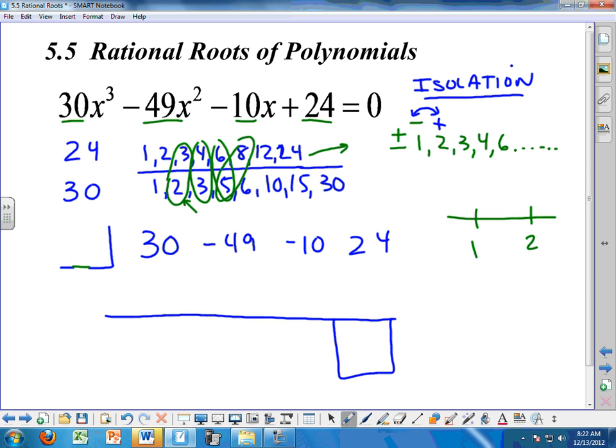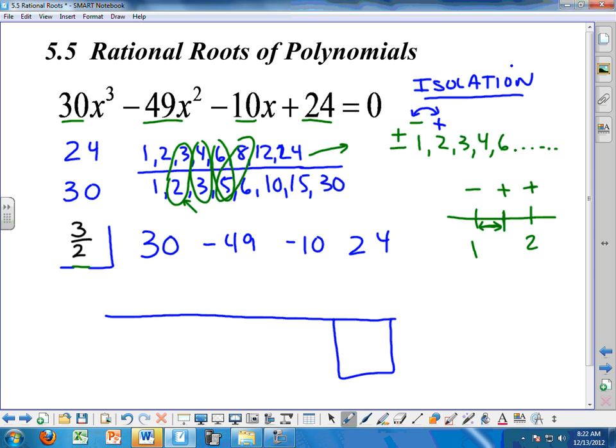And we know that the answer here produced a negative, and the answer here is a positive. So I'm going to pick the number right in between. And let's say that I find out that my remainder is positive. Then I'm going to pick something in this little interval here and see if I can isolate it further. I'm going to try to narrow it down until I nail that one value I'm looking for. So let's take a look at that. I'm going to try something like the 3 halves and see how that works.